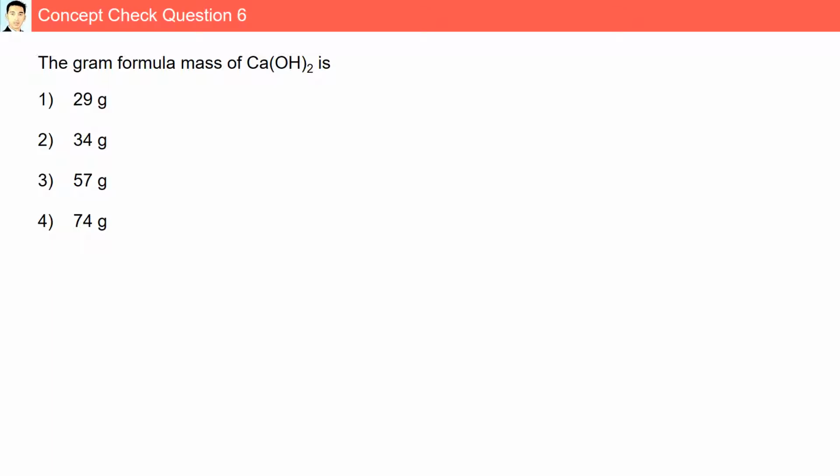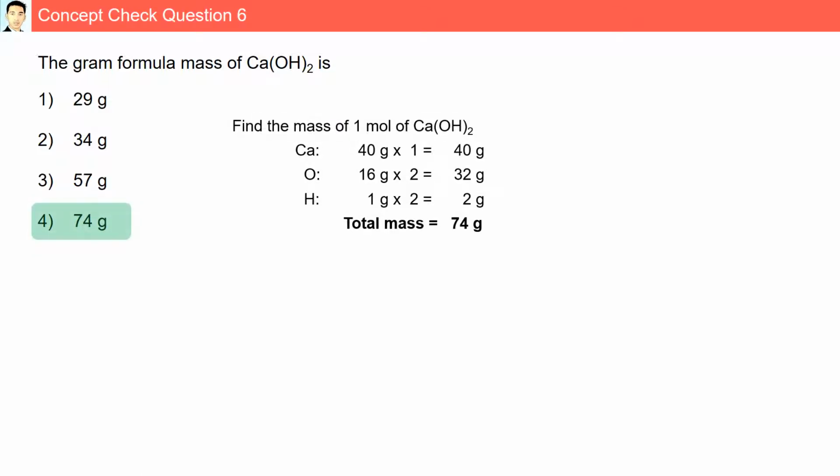Question 6. The gram formula mass of calcium hydroxide is? The answer is 74 grams. This is obtained by identifying the different elements present, how many there are, and multiplying by their respective molar masses. For calcium, the molar mass is 40 grams. There's 1 atom of calcium, so we multiply it by 1 for a total mass of 40 grams.